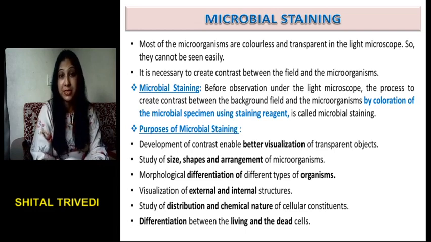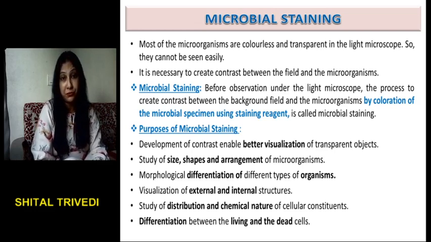This is the process in which contrast is created between the microorganism and the background field of the microscope by coloring the microbial specimen with a staining reagent. That enables better visualization of the microorganism, and we can study the shape, size and arrangement of the microorganisms.